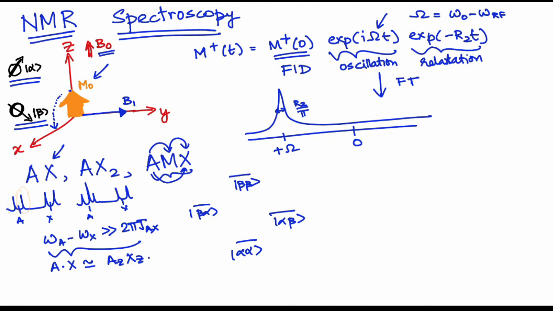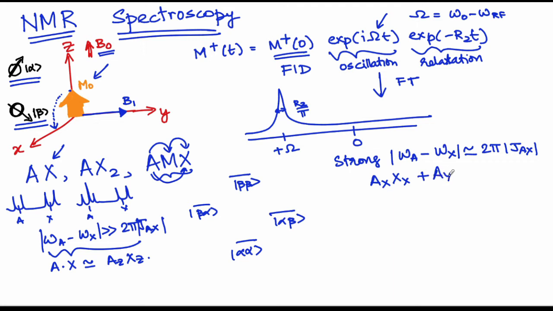However, when you try to extend it to the strong coupling case, where the chemical shift or precession frequency difference is on the order of the J coupling between the spins, the terms AX XX plus AY XY cannot be set to 0 anymore. Then you have to see what ends up happening. The Bloch equations end up failing in such a case.